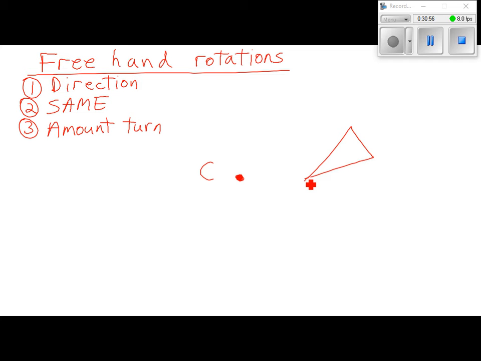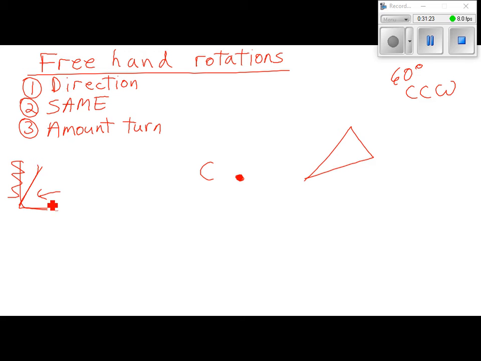Let's say we want to turn it 60 degrees counterclockwise. Don't make this harder than it is. How many degrees is that angle? 90, that's too much. So we want 60, maybe something about like that. That's the angle that we want.